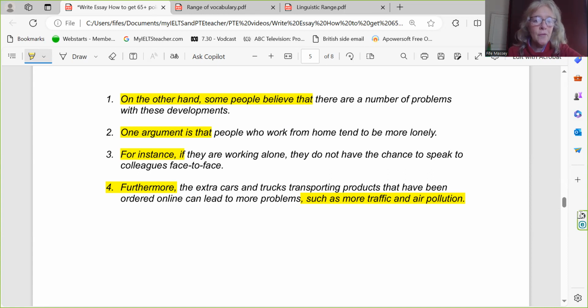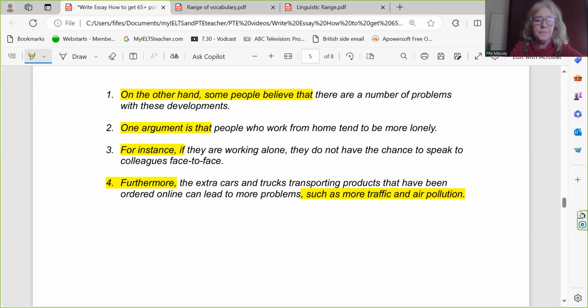My example, for instance, if they're working alone, they do not have the chance to speak to colleagues face to face, which means they're lonely. My second point related to transportation now, furthermore, the extra cars and trucks transporting products that have been ordered online can lead to more problems with my example, such as more traffic and air pollution.